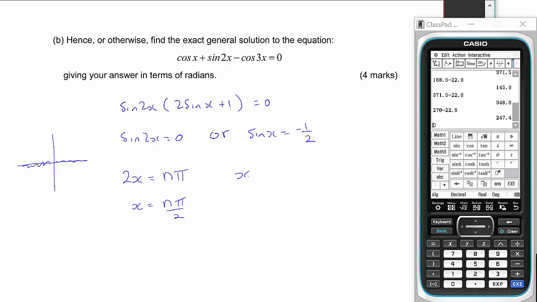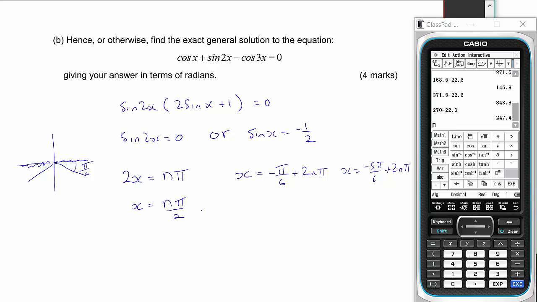Over here we would have, so -1/2 would be down here at, so pi by 6 below, so that's going to be -pi by 6 plus 2n pi, or x is, the other one would be here, -5 pi by 6 plus 2n pi.